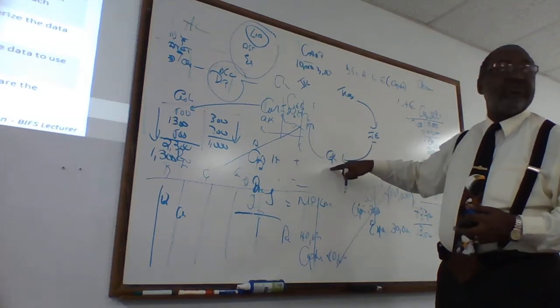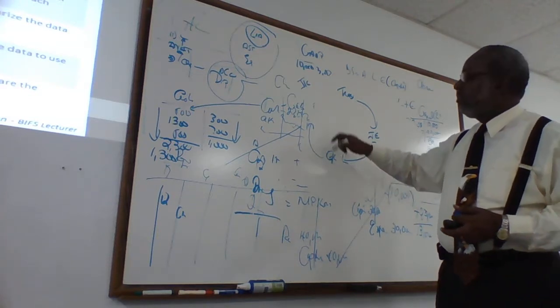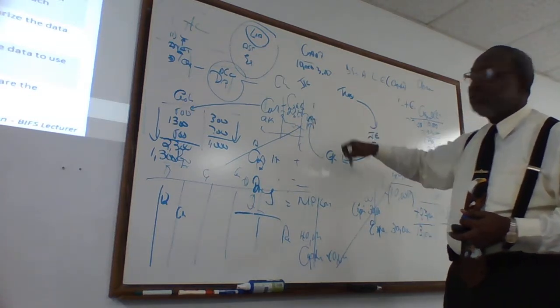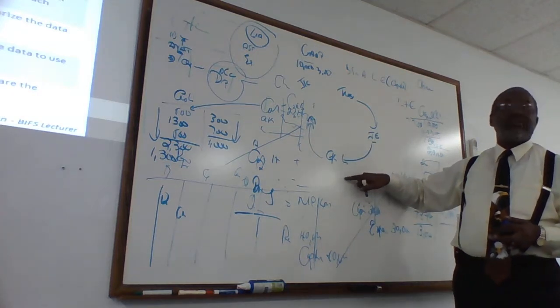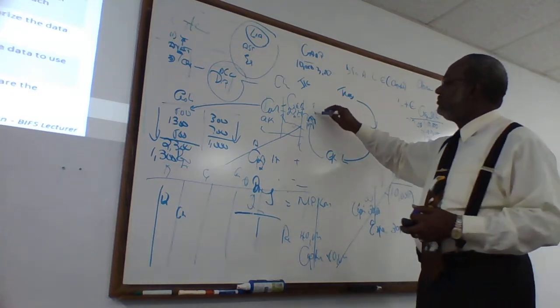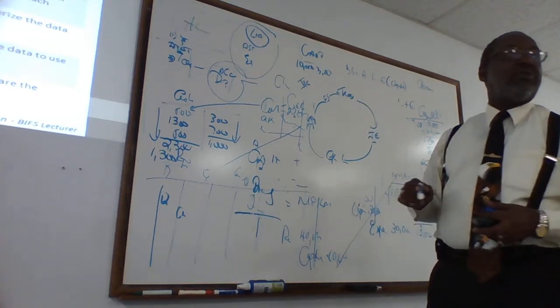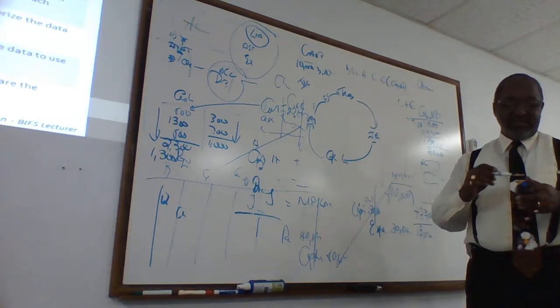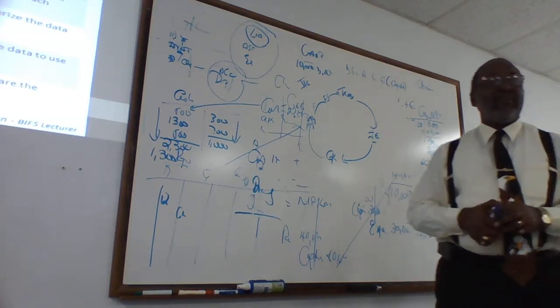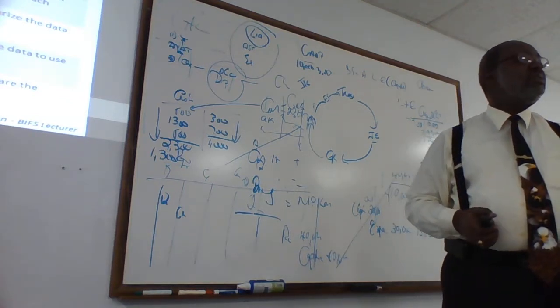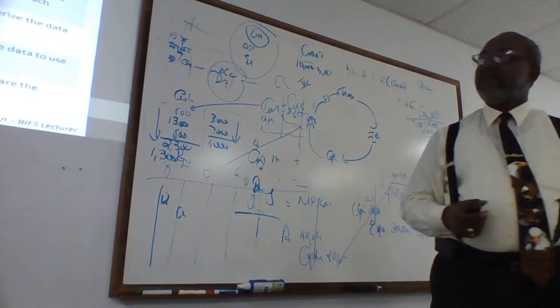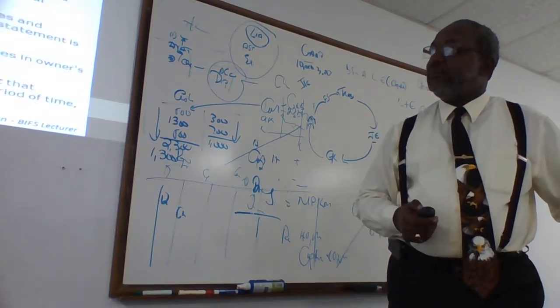After the GL posting, what do we do? Prepare a trial balance to see if our balances in the GL are what? Correct. And then finally, financial statements. And then after that, you do it all over again, and again, and again, forever and ever, as long as the entity is solvent. Okay? All right. So there you go.